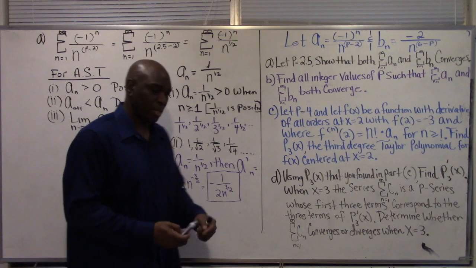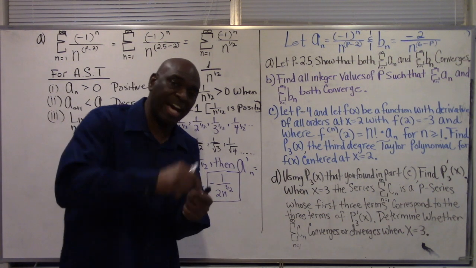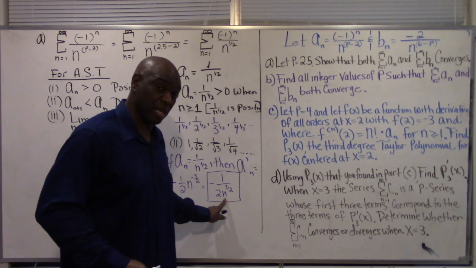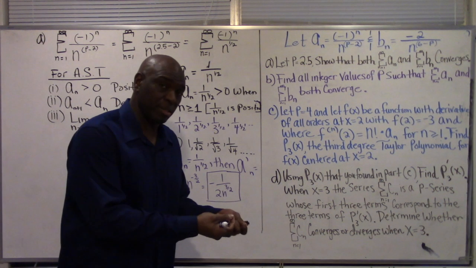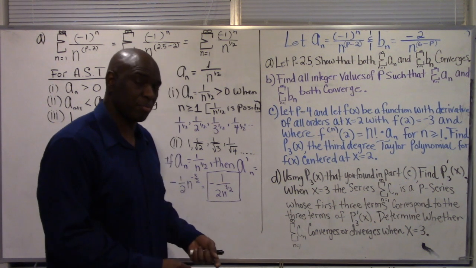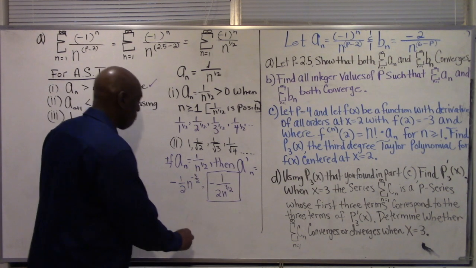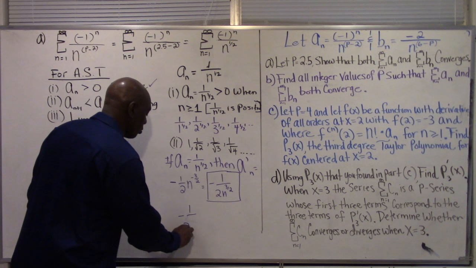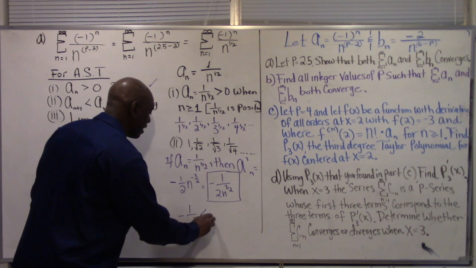Okay? And for every n value that you put in the derivative, the output is going to be less than 0. Negative 1 over 2 n to the 3/2 is always less than 0.